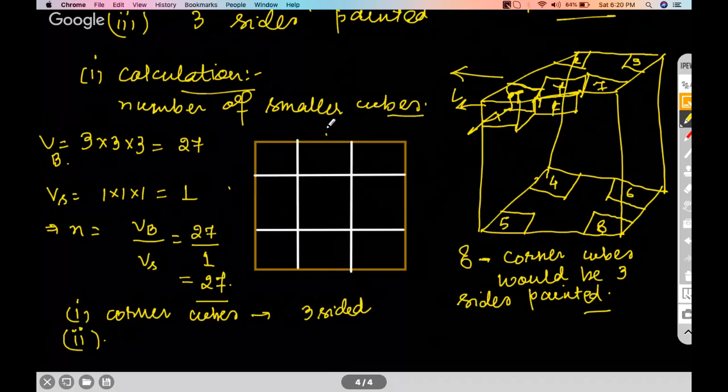Cubes on edges, like this cube, a certain portion of it is on the top and this is on the front. So top and front are painted, so two sides painted. So cubes on edges would be two sides painted.